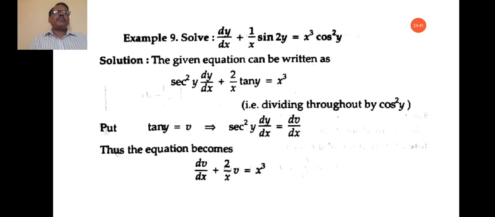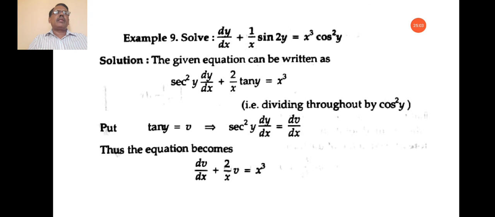Solve the next problem. Solve dy by dx plus 1 by x into sin 2y is equal to x cube into cos square y. So this equation can be converted to the previous format by dividing throughout by cos square y.